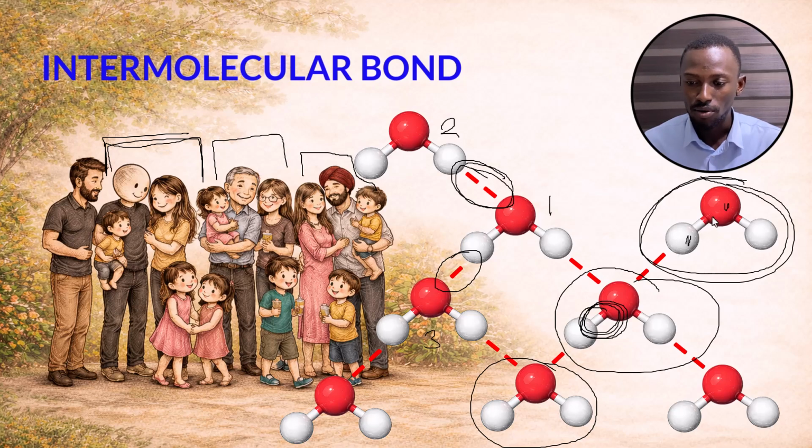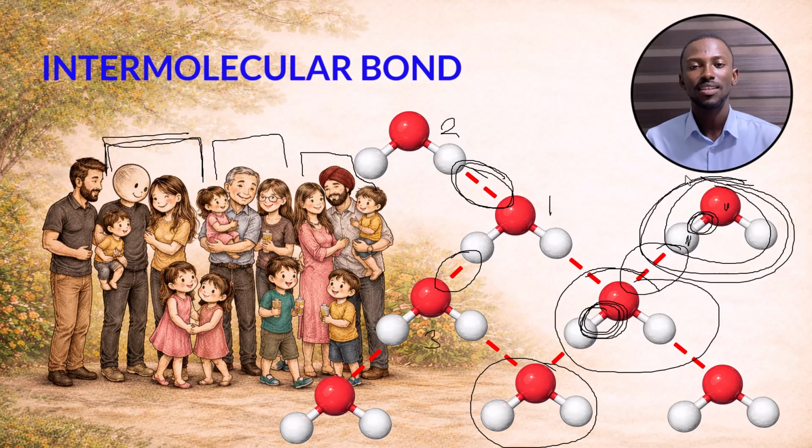And the bond that holds the atoms together is known as what? Interatomic bond. So as a result, we have one molecule, another molecule, but the bond that holds the molecules together is known as intermolecular bond. I hope that makes sense and it is easy for us to understand.